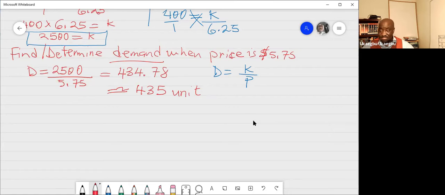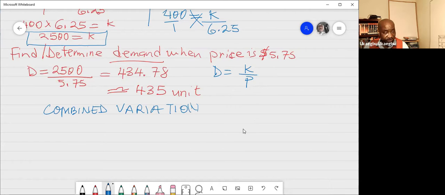Okay, so now let's write it. The subtopic is combined variation. All right, so now look at how it reads. Gauss' law states that the volume of an enclosed gas varies inversely as the pressure and directly as the temperature.